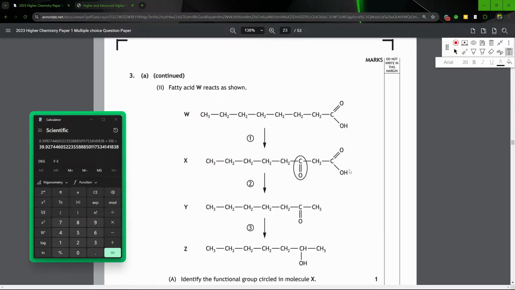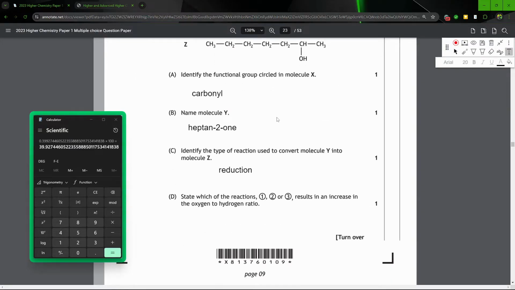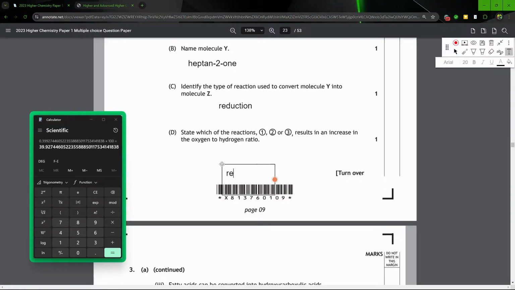We're getting rid of this whole group here, so that's no good. And then down here we're adding another hydrogen, which would reduce the amount of oxygens per hydrogen. So those two aren't good. If we look at 1 though, we're adding an oxygen onto something else, which would increase the oxygen to hydrogen ratio. There's more oxygens per hydrogen, which is exactly what we want. So we're just going to say reaction 1.